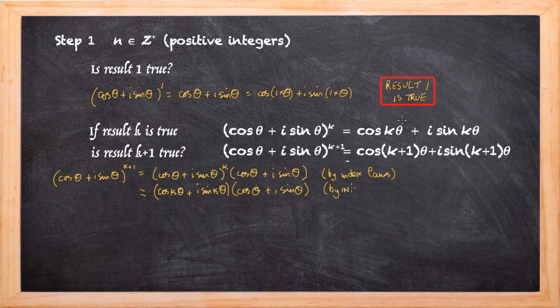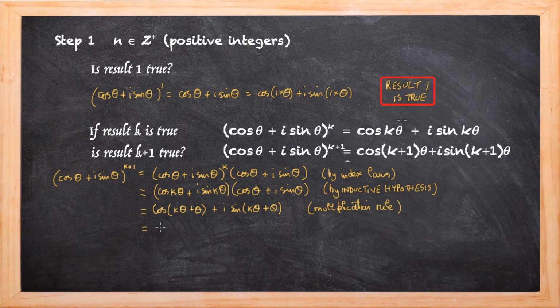So we can use that inductive hypothesis, assuming result k is true, and then we get the product of two complex numbers. And of course there's the rule that we add the arguments when we multiply two complex numbers in polar form. So that's the multiplication rule, adding the arguments.